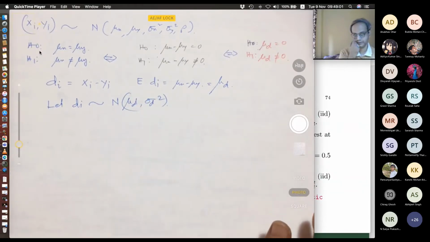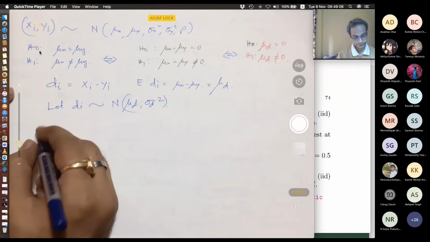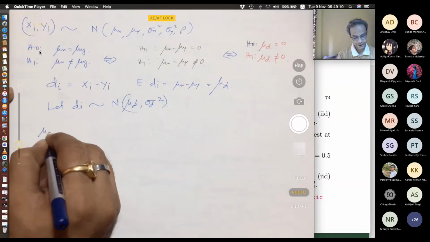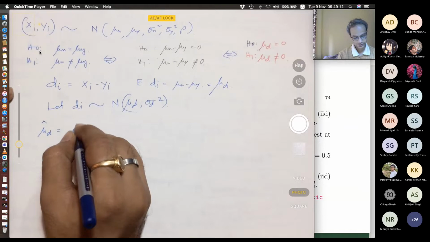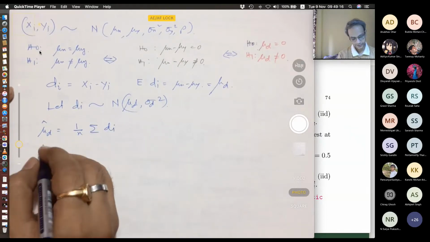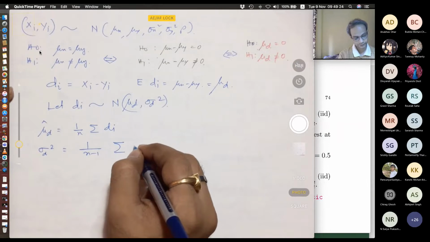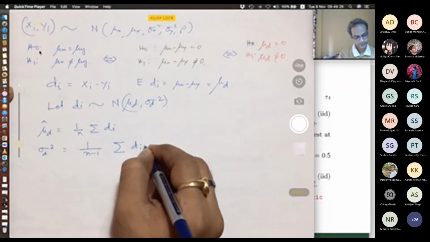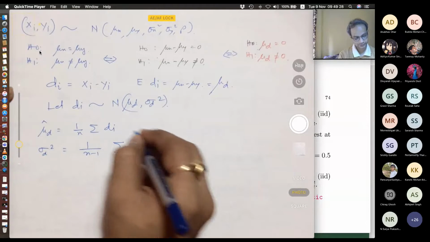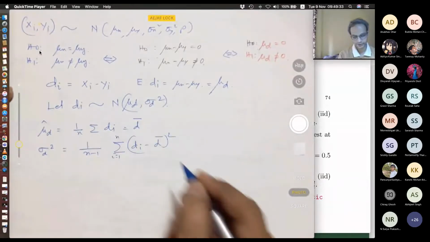Okay, whatever may be sigma d square, I don't care about it. So mu d hat is 1 upon n sum over di. Sigma d square is 1 upon n minus 1 sum over di minus d bar, that is called d bar, whole square, i running from 1 to n.